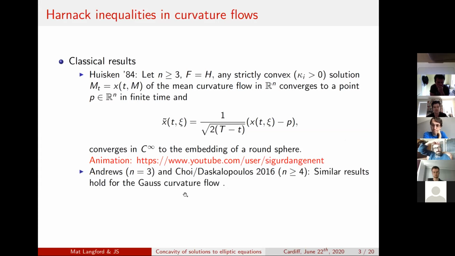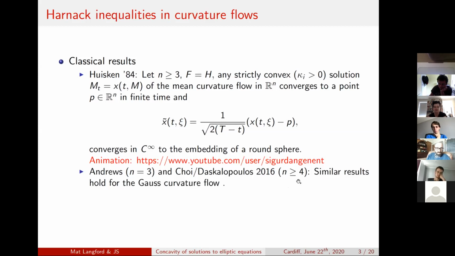I've introduced the Gauss curvature flow as well, and there are results due to Ben Andrews, who is in Canberra, Australia. This result for surfaces in 3-space was at the end of the last century, and it was open until recently whether the same result also holds in higher dimensions. But Kyeongsu Choi and Panagiota Daskalopoulos, who is here at Columbia, proved the same thing for higher dimensions.